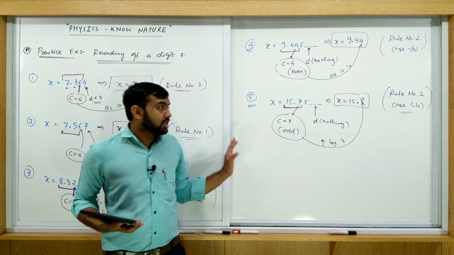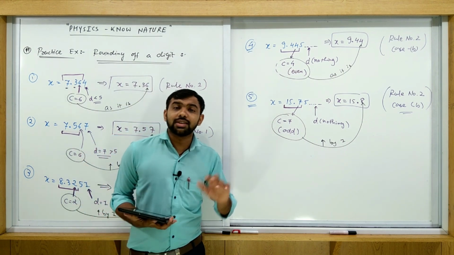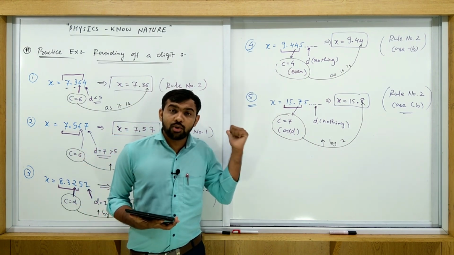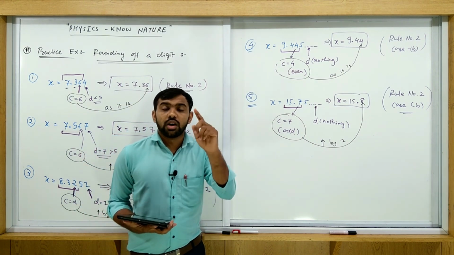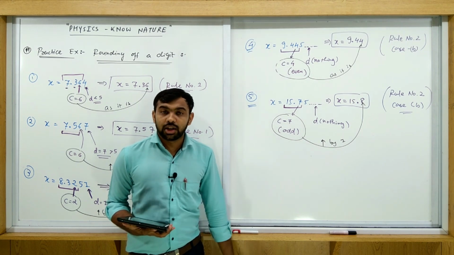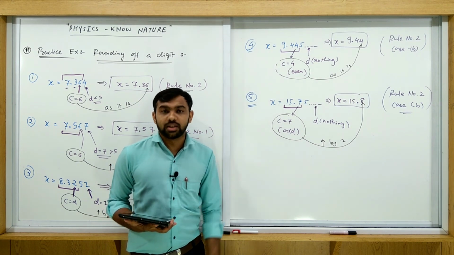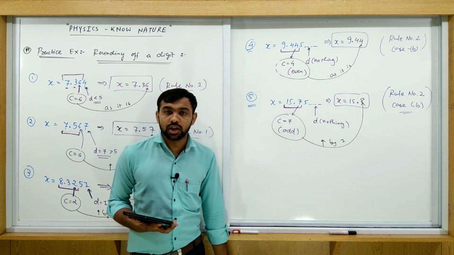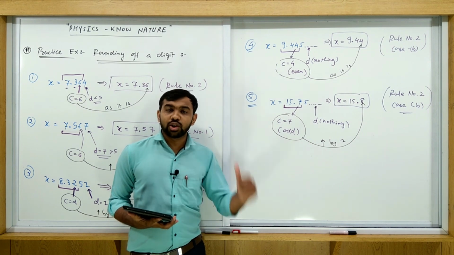This is also quite important, and in most cases rounding is used with the arithmetic operation. Both are mostly used together: arithmetic operation and rounding of a digit.